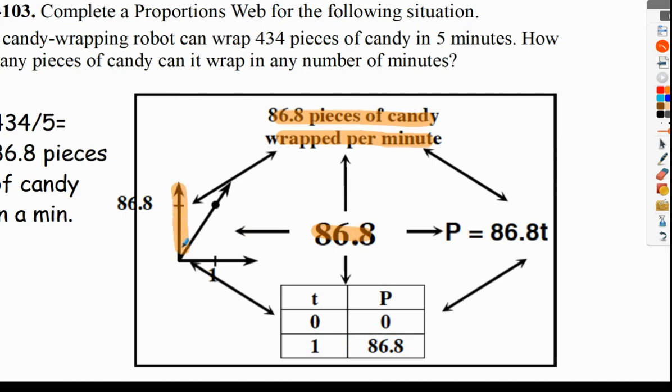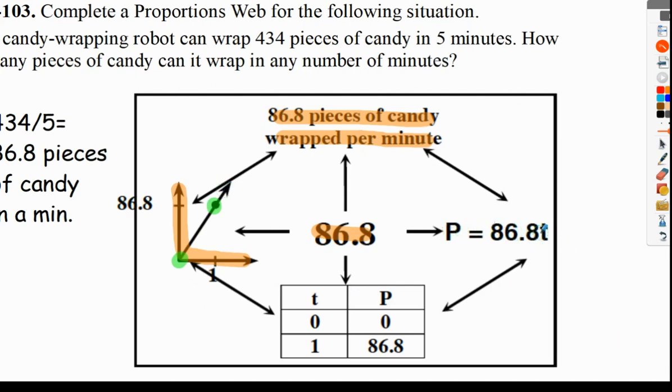They did a basic graph. It should have a title, something like candy wrapping robots, label on the bottom, like minutes, label on the side, pieces of candy, and at least 2 values, which is what they did, from their T chart or table. Connect them to make a line.